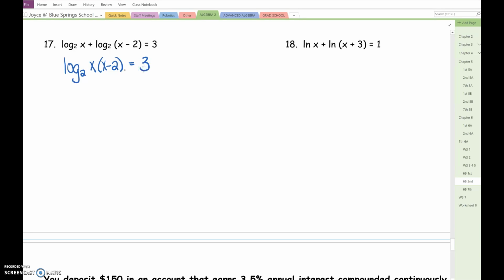So start by condensing it down to 1 logarithm. Now x and x minus 2 are stuck inside the log, so we need to change forms.